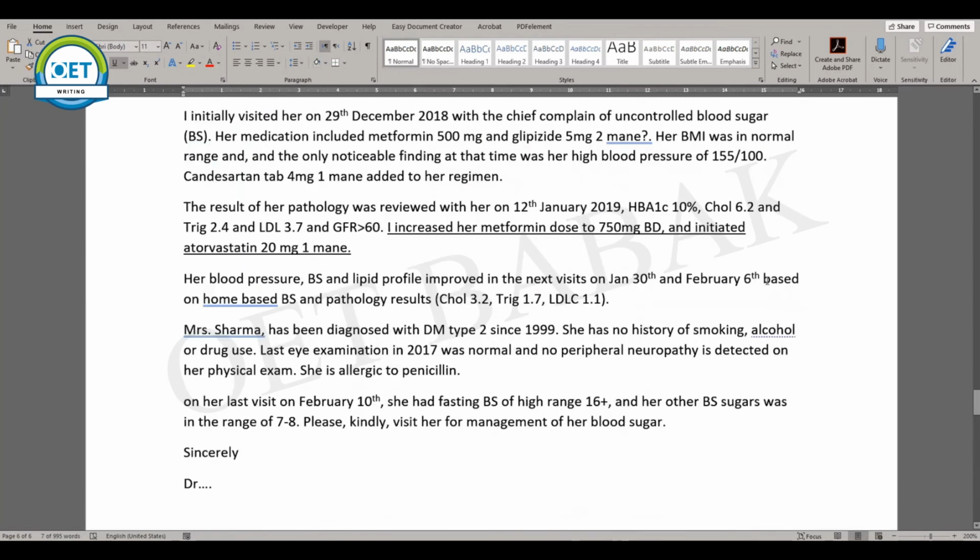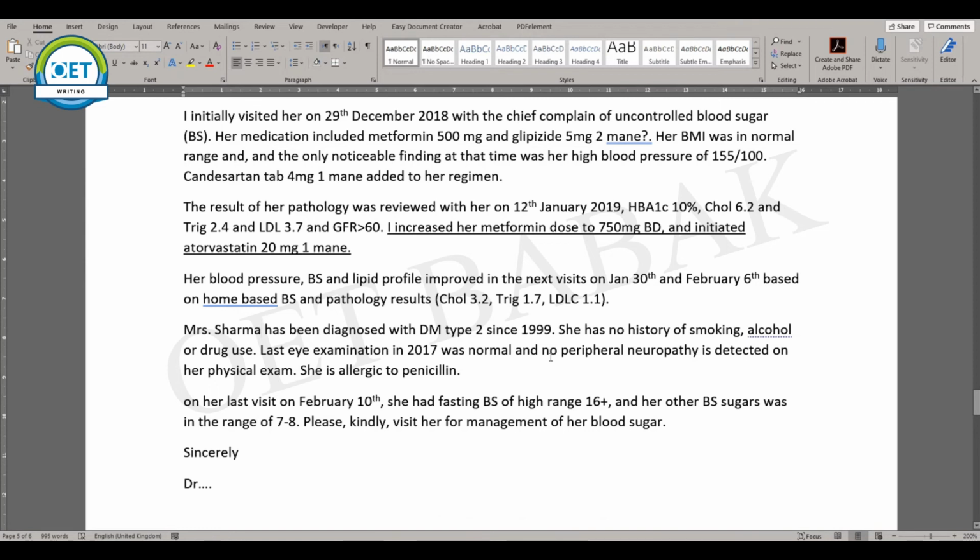So what did you say? She has been diagnosed with DM type 2 since 1999. She has no history of smoking, alcohol, or drug use. Last eye examination was normal. No peripheral neuropathy is detected on her physical exam. She's allergic to penicillin. That is quite good.